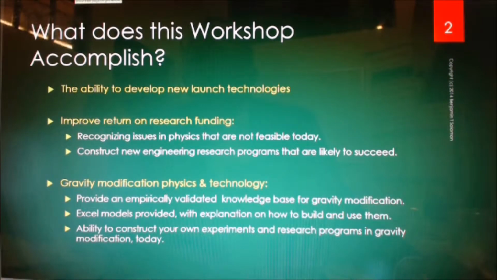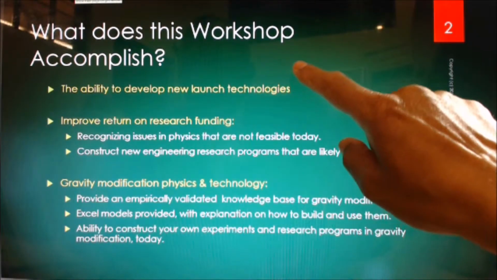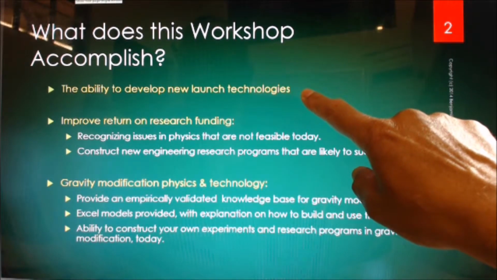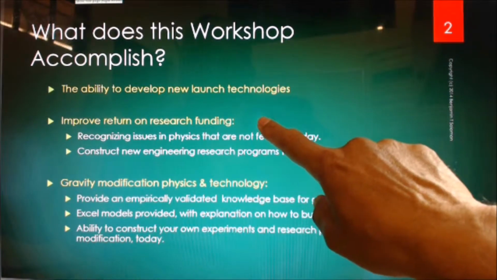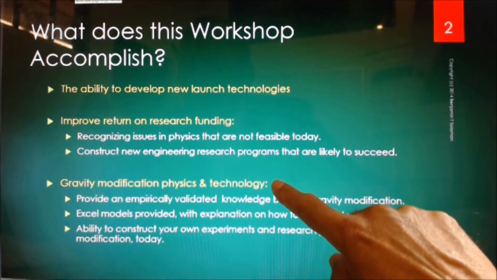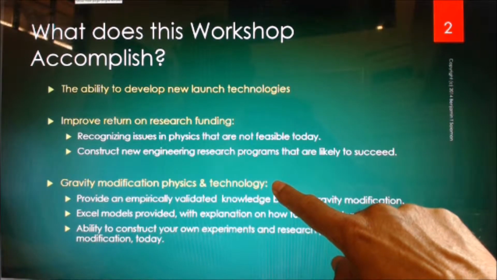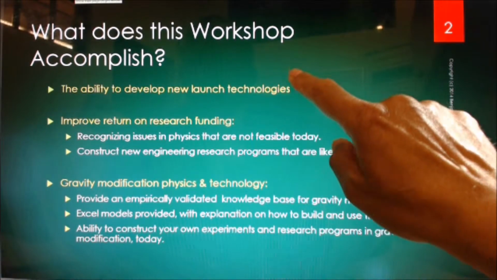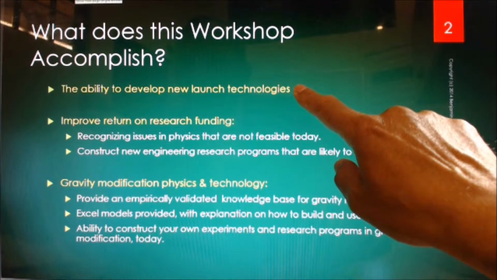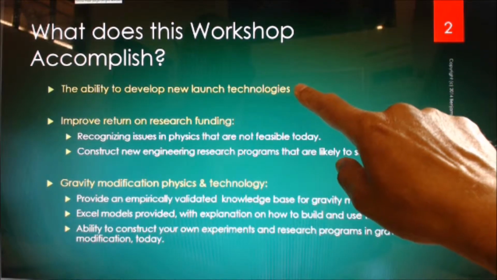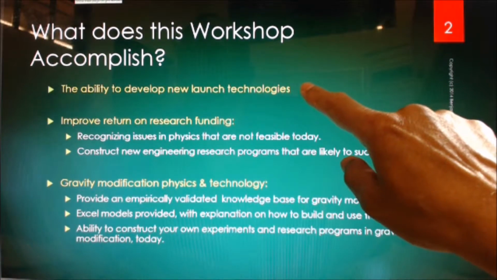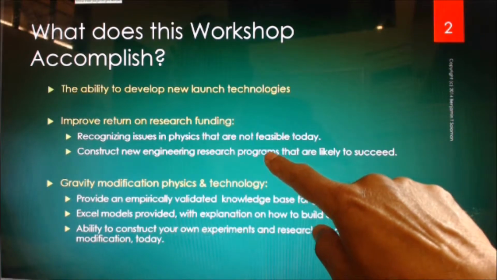What does this workshop accomplish? It accomplishes three things: ability to develop new launch technologies, improve return on research funding, and a knowledge of gravity modification physics and technology. There are two examples of new launch technologies, and from there you can go out and think of your own versions of launch technologies.